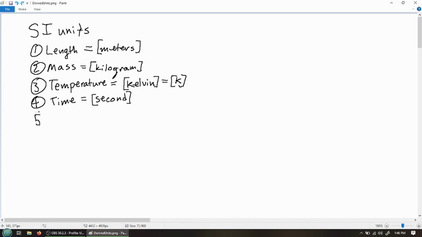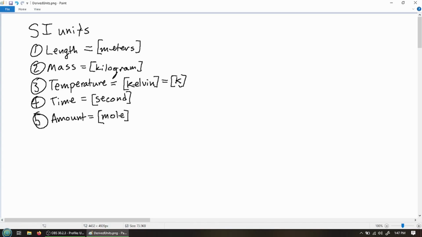The next one we talked about was a measurement of the amount of a substance. And so here, we talked about a unit called the mole, right?